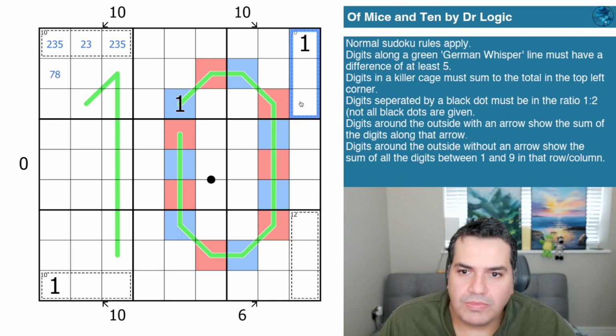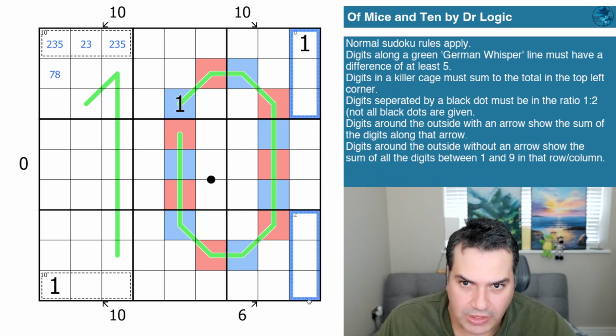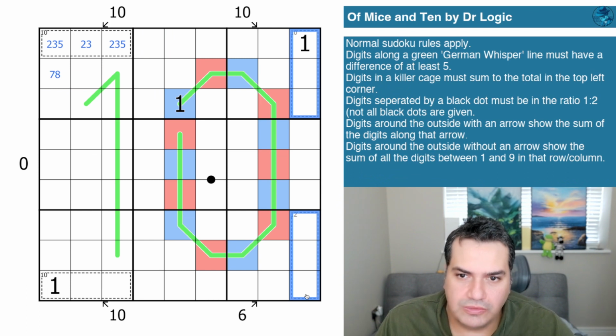However, a 22 cage of 6 cells is shockingly restricted. Now, if you try and sum the digits 1 to 6, which is the minimum, so 1, 2, 3, 4, 5, 6, the absolute minimum, you will get to 21.